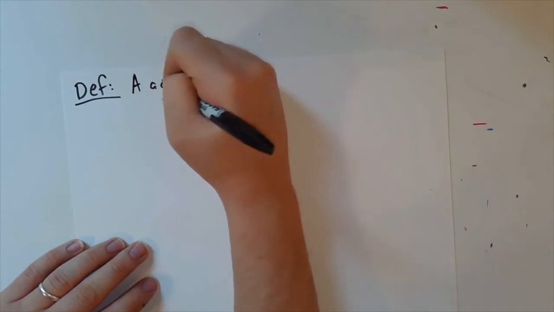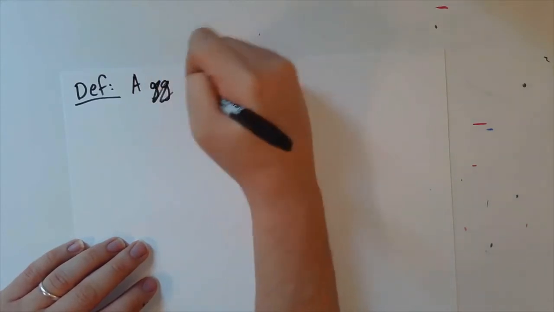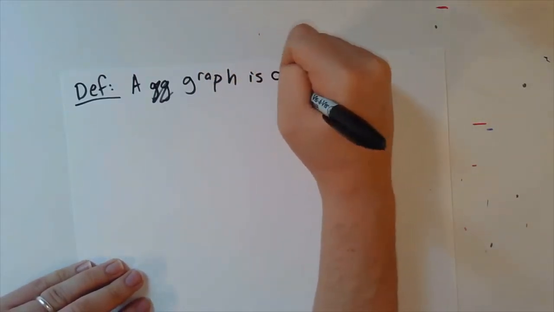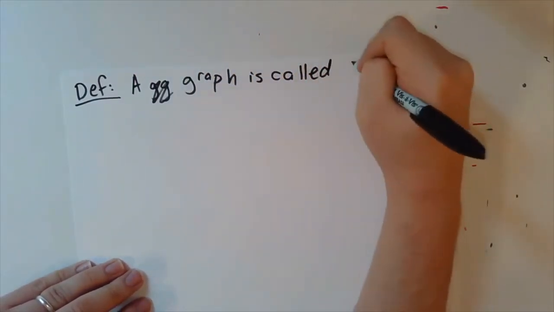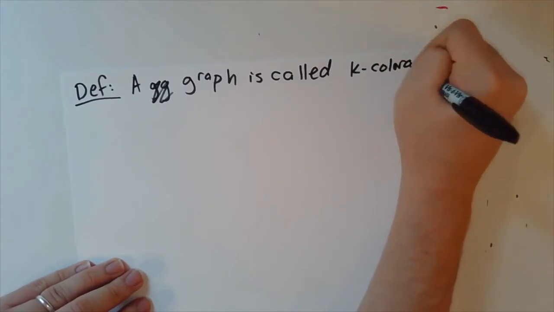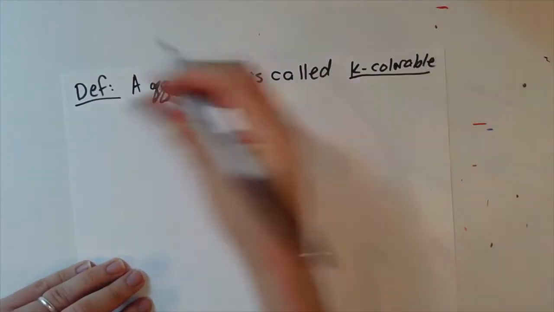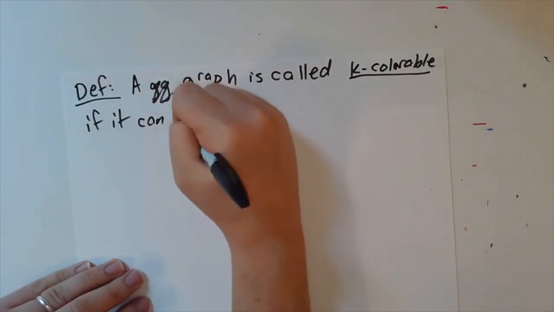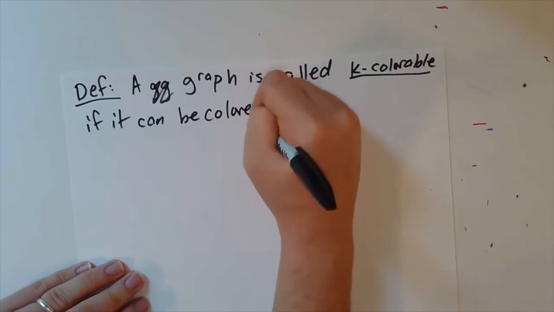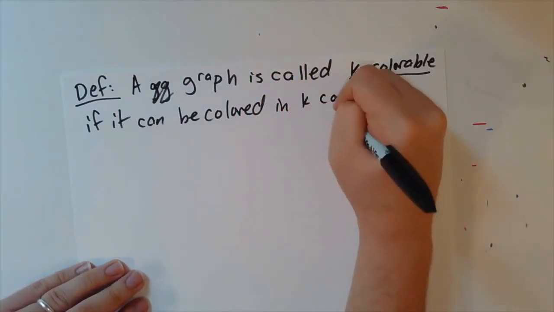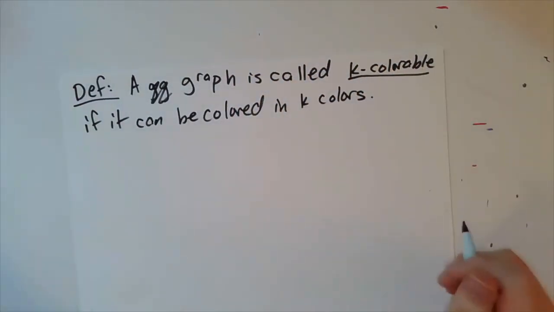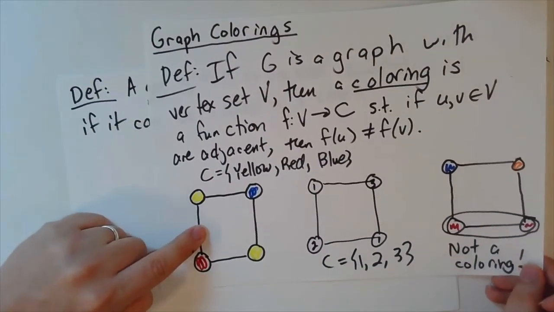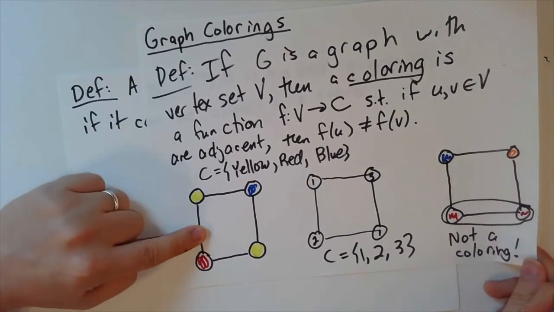We're going to define two words here. A graph is called k-colorable if it can be colored in k colors. So for example, this picture here is literally a proof that the cyclic graph on 4 vertices is 3-colorable.